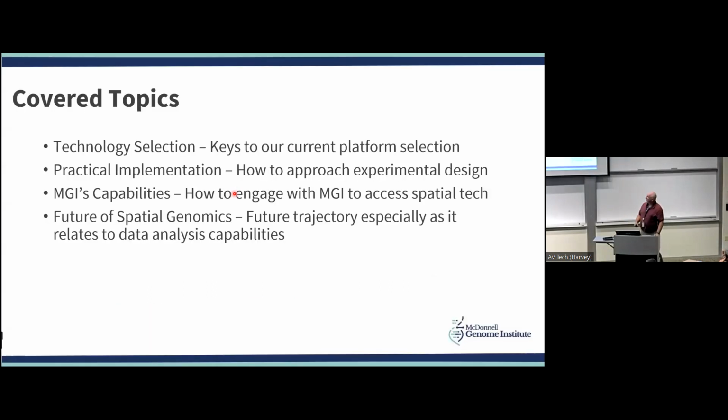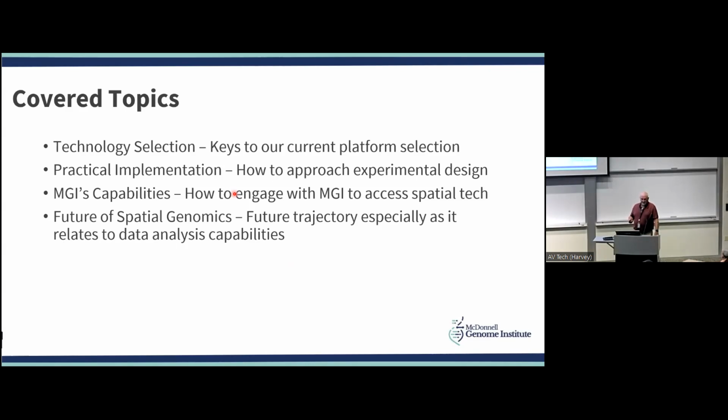All right, so the topics we're going to cover today: technology selection, basically the process we went through to pick this, and realize that this was on the fly. Some of these platforms were or were not available, so I'll talk a bit about that.